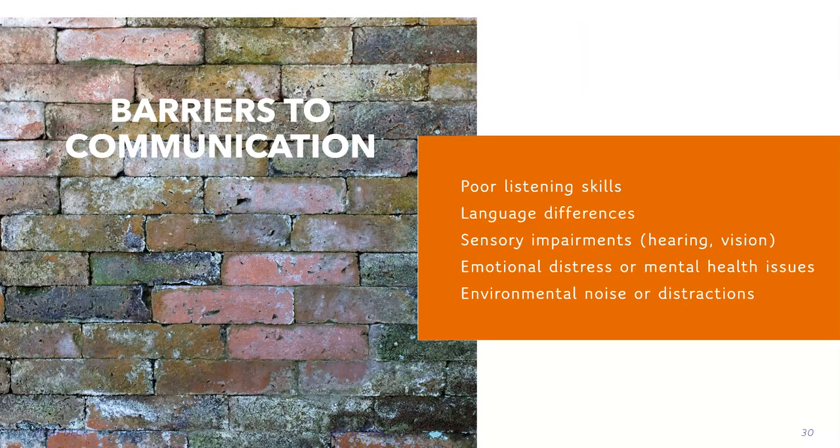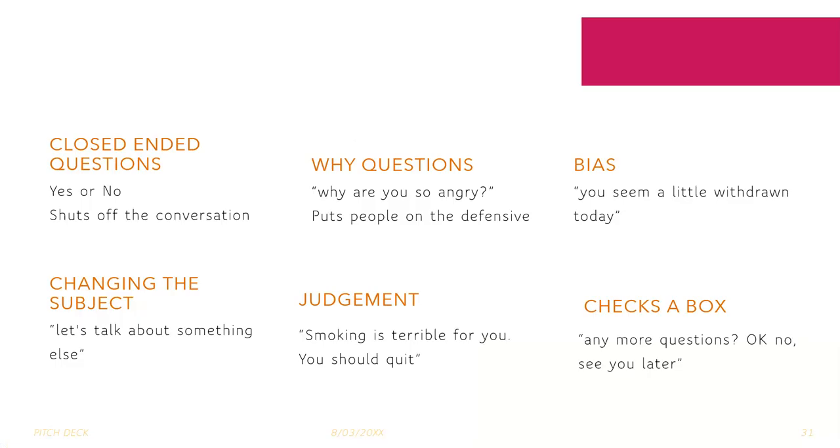So here are some barriers to communication. Poor listening skills, language difficulty, sensory impairment, hearing and vision for example, emotional distress or mental issues, environmental noise and distraction. So keep those in mind. Close-ended questions would be yes or no questions. The why questions, why are you so angry? It creates that barrier for communication.